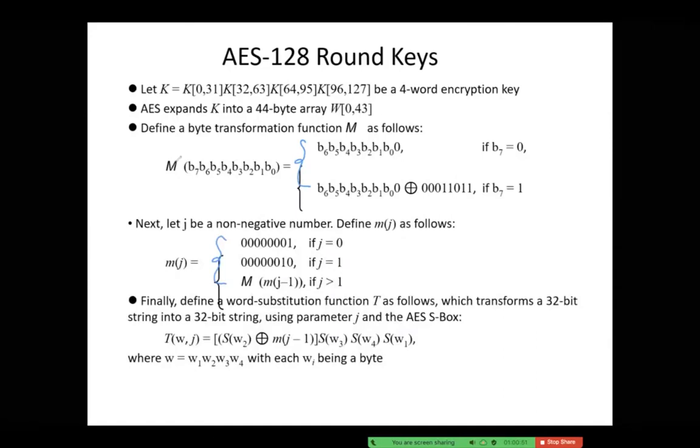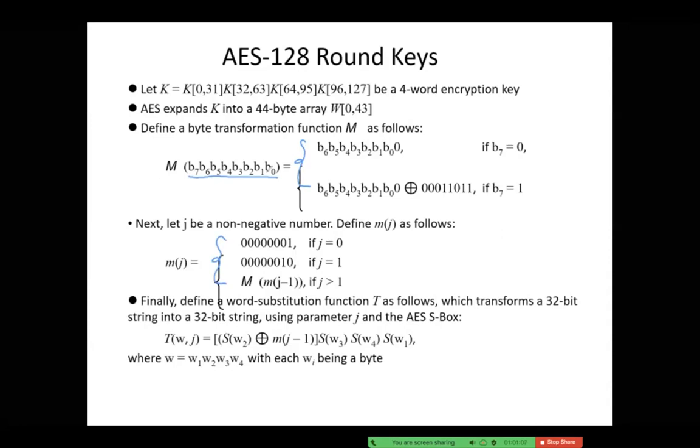So this operation actually defines, so this is a number, represented by a polynomial.